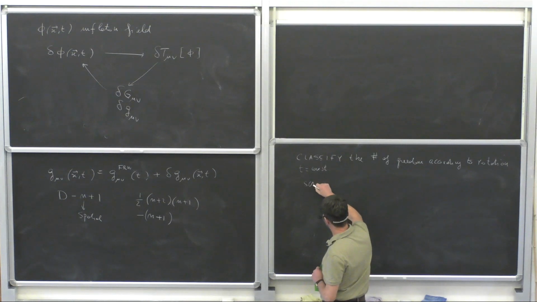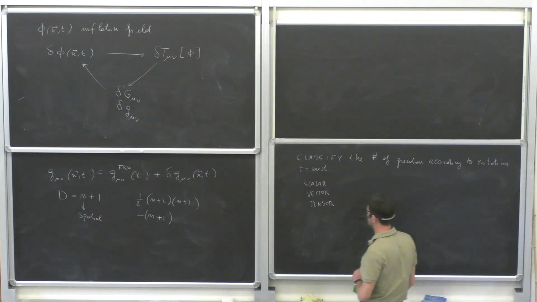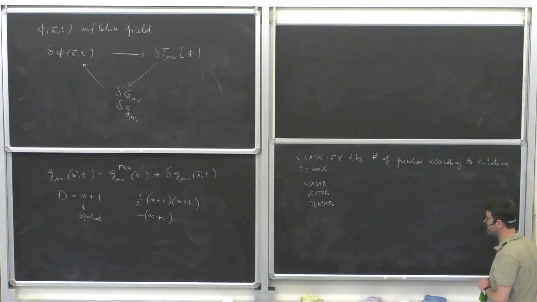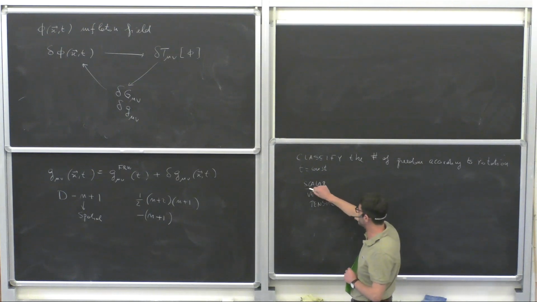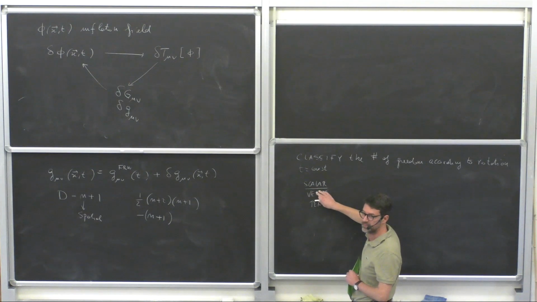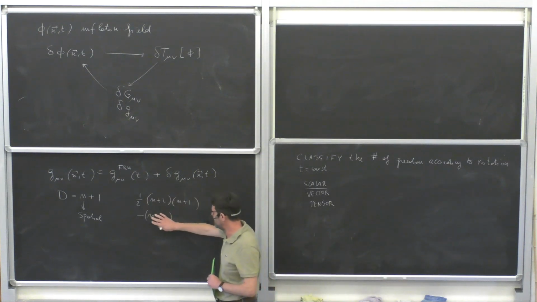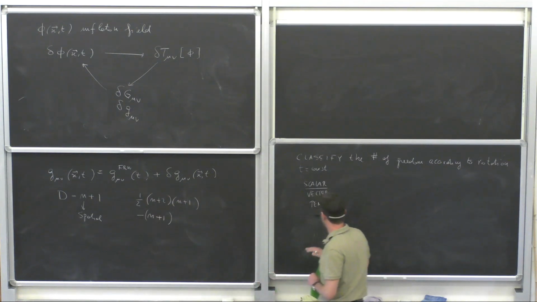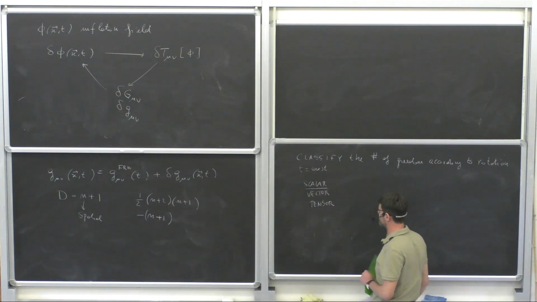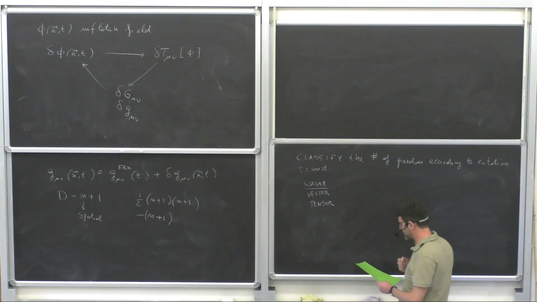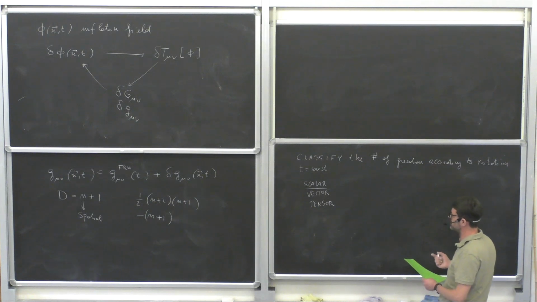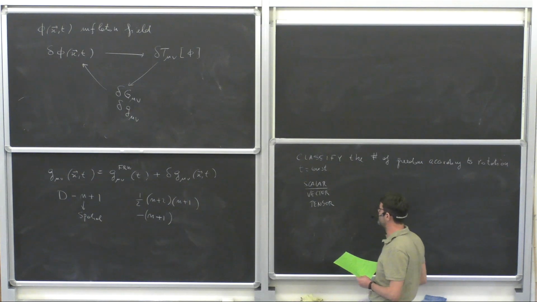I will have scalars, I will have vector perturbations, and I will have tensors, the ones that we described just before the break. So I want to compute now how many scalar degrees of freedom I have in this generic metric. Okay, so I want to extract out of this number how many scalar degrees of freedom I have, how many vectors, and how many tensors. Well, let's start from the vectors, and then we'll go to the tensors, and then of course the rest will be just the scalars.